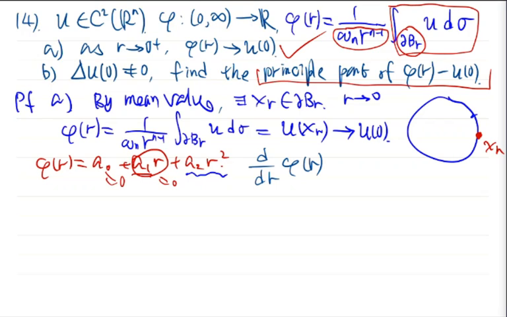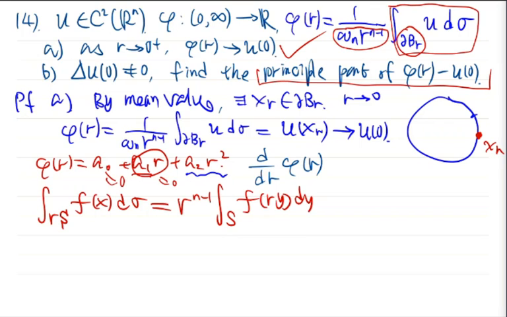By the scaling formula for surface integral, what was the formula? The formula for the two-dimensional case, that is n equal to 3, we already studied; that is question 4 in our last quiz. But it is also true for higher dimension. The integral over rS of f(x) d sigma equals r^(n-1) times the integral over S of f(ry) d sigma.